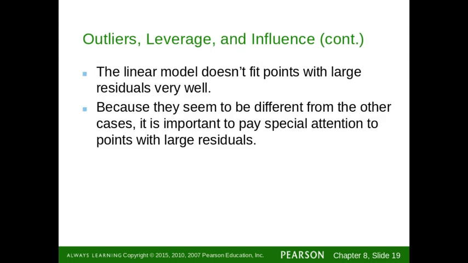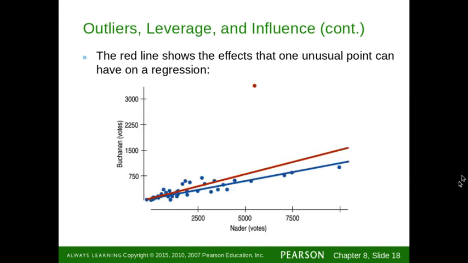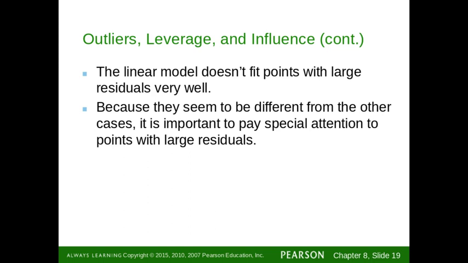So the linear model doesn't fit points with large residuals as well. And that would be a good point too. If you notice, the blue line tends to hit all these dots further over here. The red line doesn't. Because they seem to be different from the other cases, it's important to pay special attention to points with large residuals.